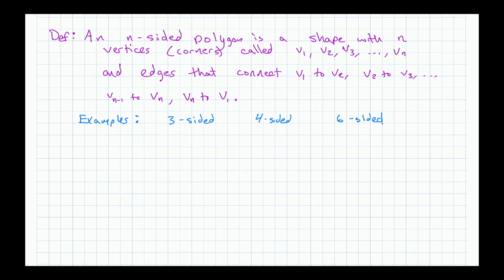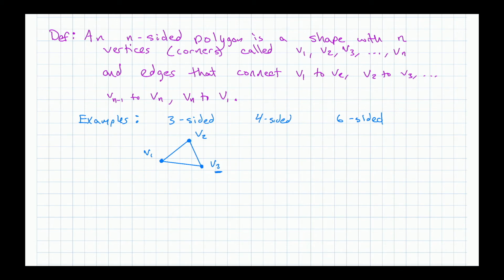So just using the definition, if I'm making a three-sided polygon, then I should have corners, which I'm calling vertices, V1, V2, V3, and then we have edges that connect them. So V1 to V2, then another one V2 to V3, and then when you get to the last number, so in this case V3, then you should connect that edge back to V1. So that's a triangle.